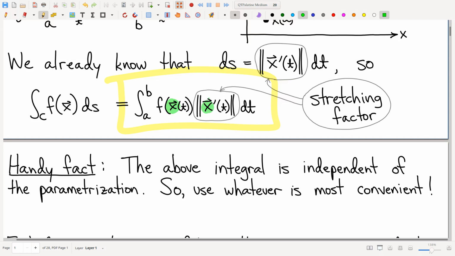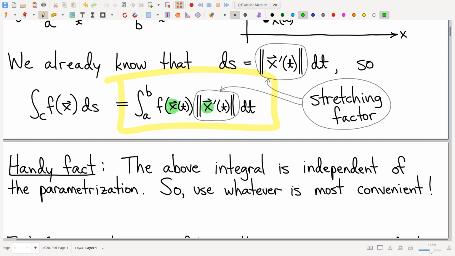I also recall that parameterizations are not unique. There's lots of ways to parameterize a curve. What if I parameterize it with one parameterization and you parameterize it by another? We're going to have different integrals. How do I know mine's going to get the same answer as yours? You wouldn't immediately think that two different integrals would give you magically the same answer.